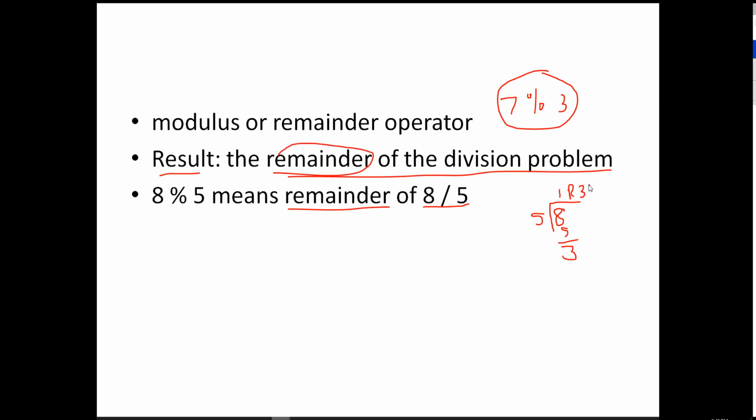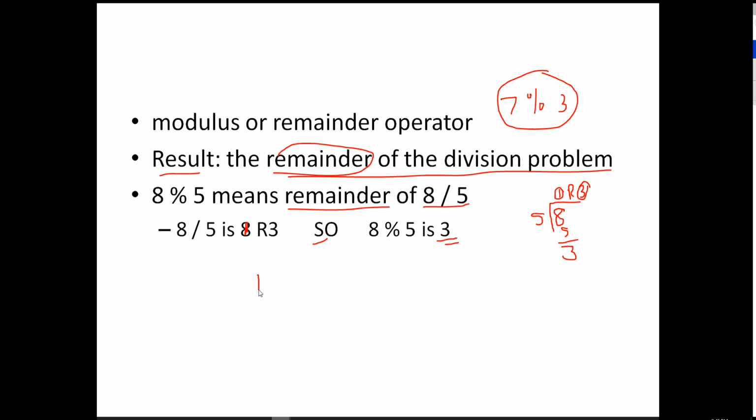So the answer is the 3. It doesn't care about the 1. So 8 divided by 5 is 1 remainder 3. So 8 modulus 5 is 3. 8 divided by 5 is 1, but 8 modulus 5 is 3.